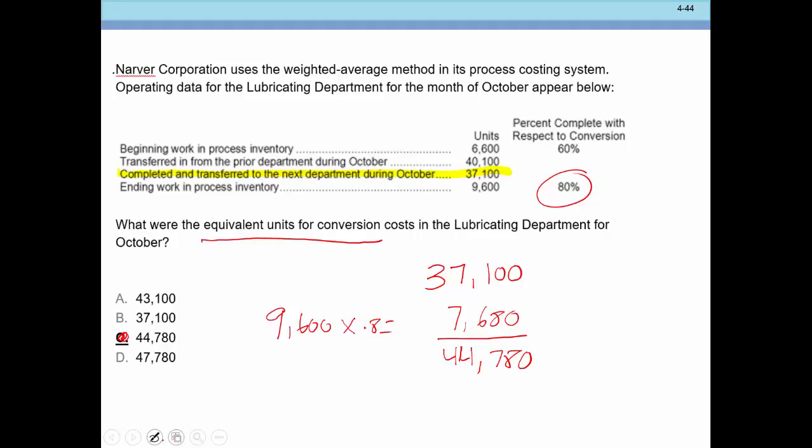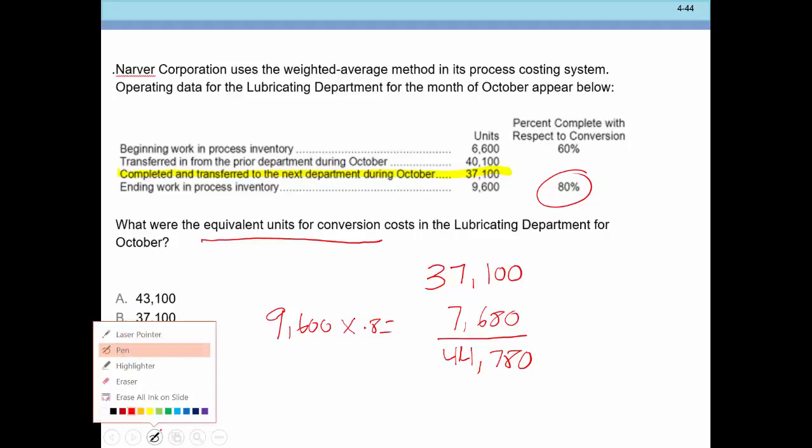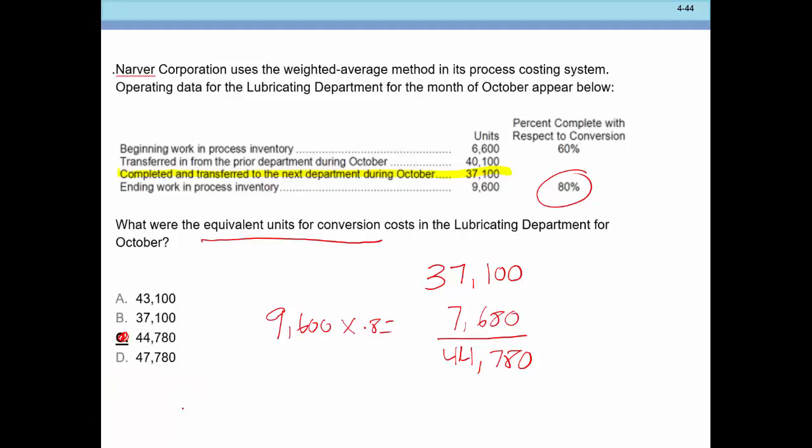So what would I do if they didn't give me that 37,100? Could I still get it? The way I would do it is I would pick up the units that were transferred in from the prior department.